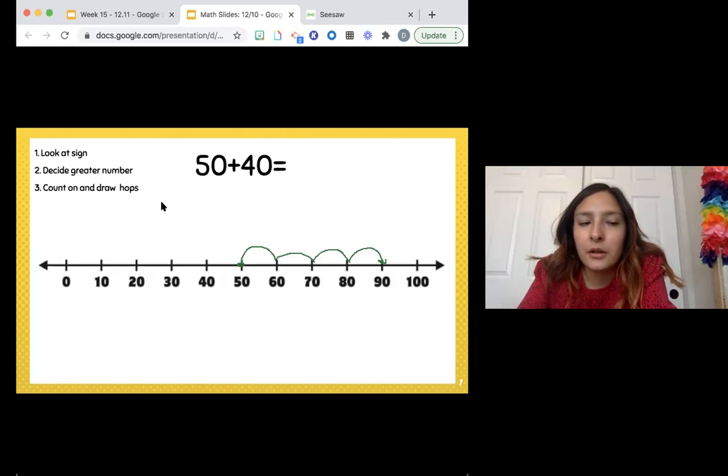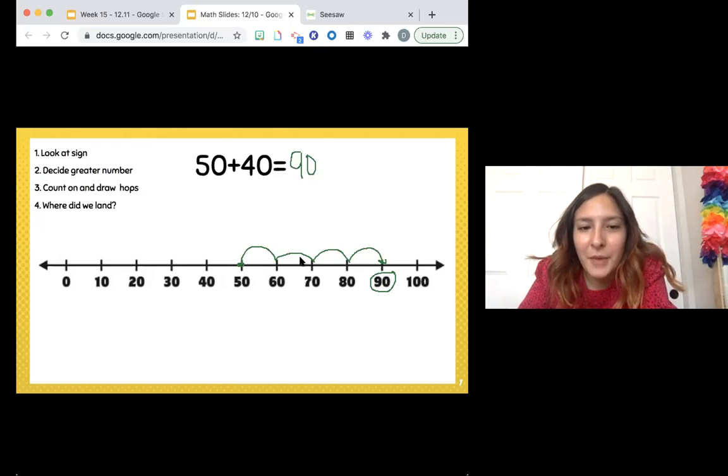Now, fourth, I want to see where did I land, right? And I can see, after making my hops, I landed on 90. 50 plus 40 equals 90.